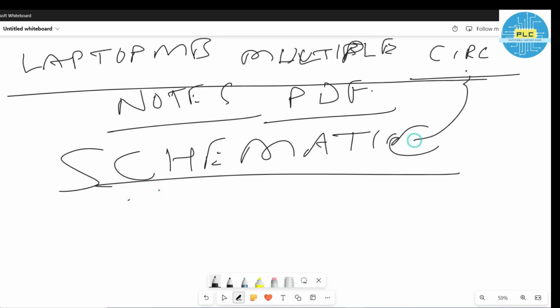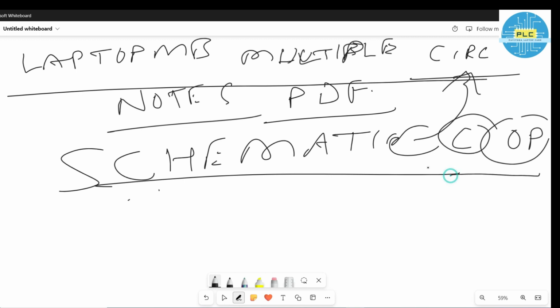It contains the circuits, closed and open; all will be in this particular PDF. That's called a schematic. I will explain today what the circuits are and what they produce, whether it's a voltage or signals. One by one, I will explain the complete schematic today. Need not worry.